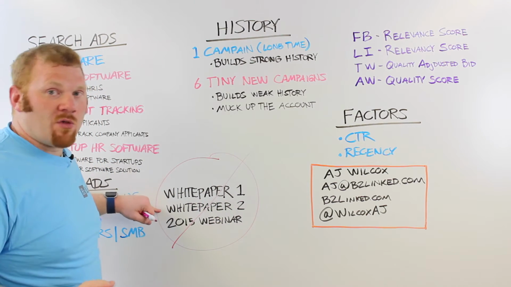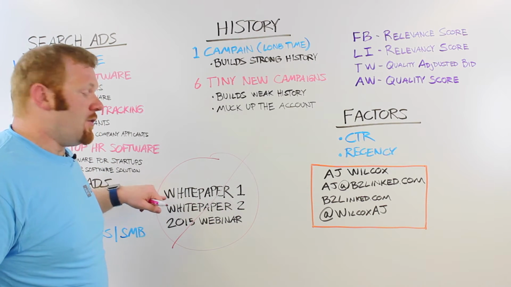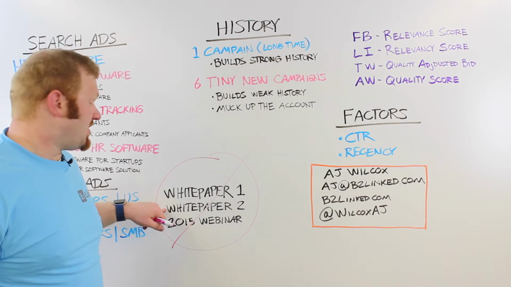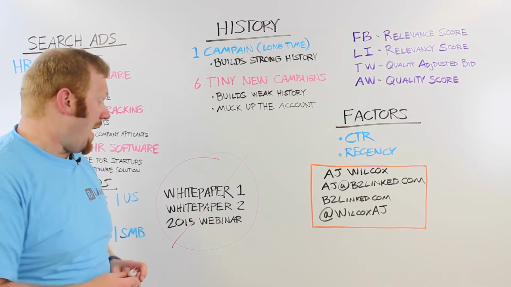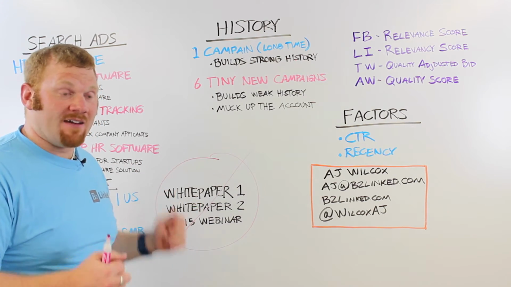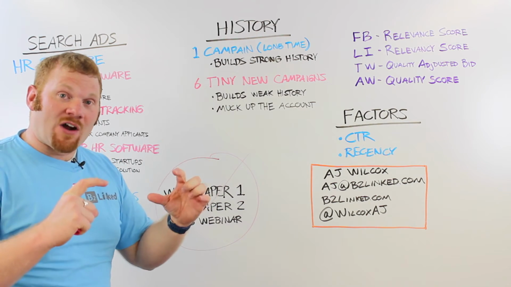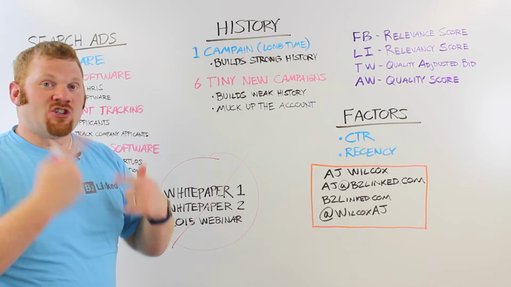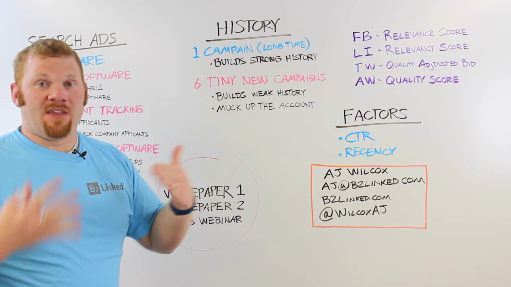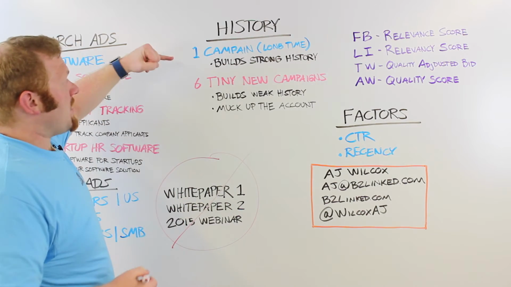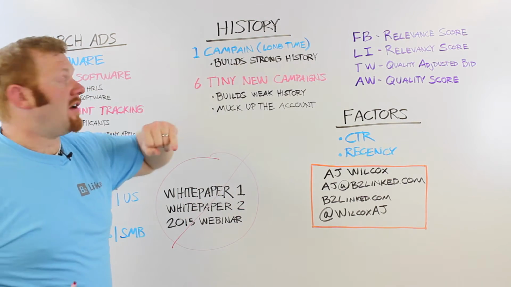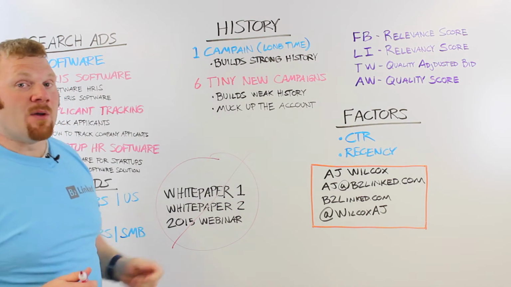After you come out with White Paper number 2, you create ads for White Paper 2, and you pause the old ones for White Paper 1 in the same campaign. So that one campaign is evergreen, it lives forever, and you're just changing the ad copy and the offer inside of that campaign. It's building really strong history.